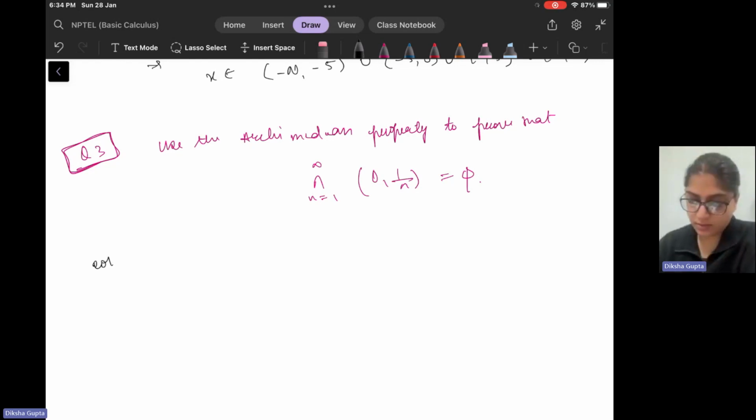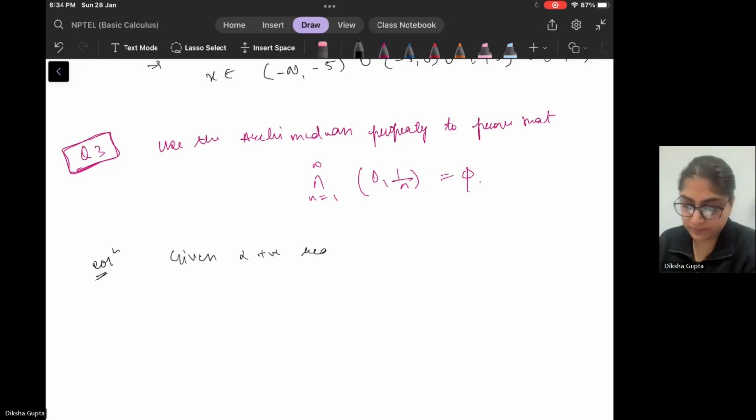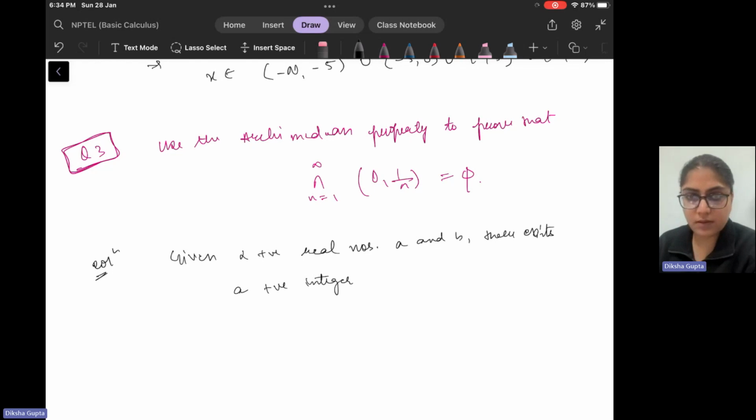Okay, so just to recall what the Archimedean property says: given two positive real numbers a and b, there exists a positive integer n such that n is greater than b.